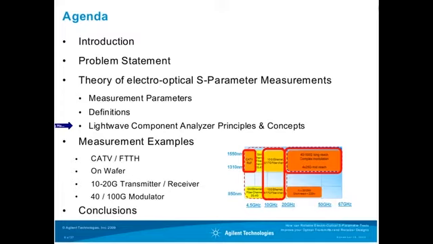Then I will show application examples in various ranges of this matrix. I'll start with cable TV and fiber to the home receivers and transmitters, and talk about on-wafer measurements on very high-speed components. Then I will address the 10 to 20G Ethernet components, and finally show a little about 40 to 100G modulator characterization.